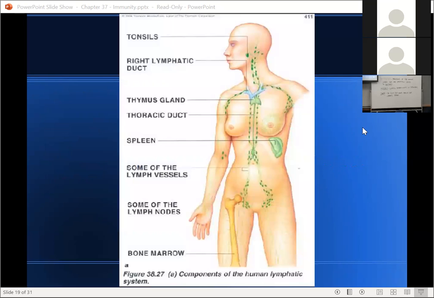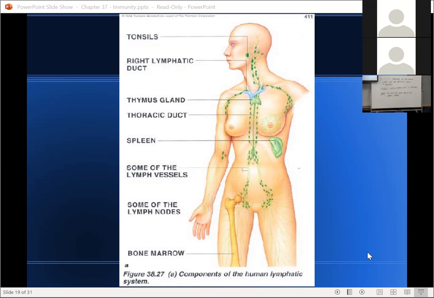Okay, so here's a good picture. I was talking about the lymphatic system. So this is the lymphatic system. You can see the lymph ducts that connect all of these green dots. These green dots are lymph nodes. If you feel gently near your underarm, this is one part with lots of lymph nodes, you might feel little bumps under there. Those are actually your lymph nodes.